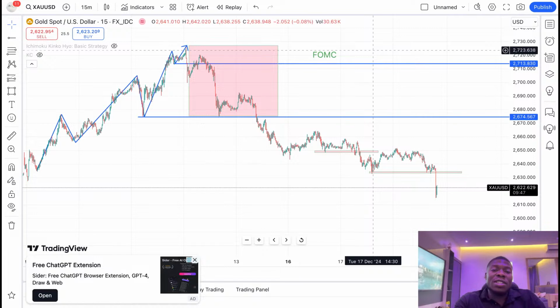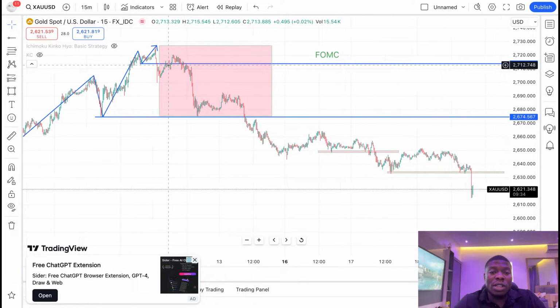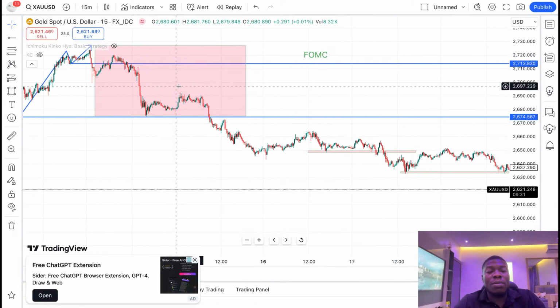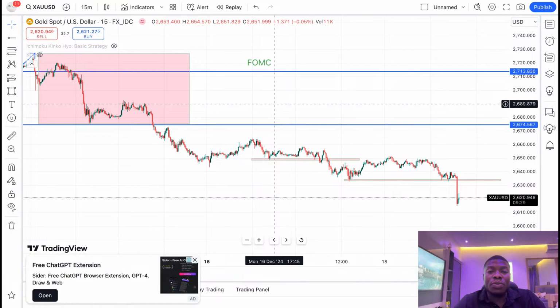Every chart is the same, even if it's crypto, Forex, indices, or stock. Bear it in mind that every chart is the same. There is no confusion. As far as it has candlesticks, they will always give you the same analysis when you break it down.